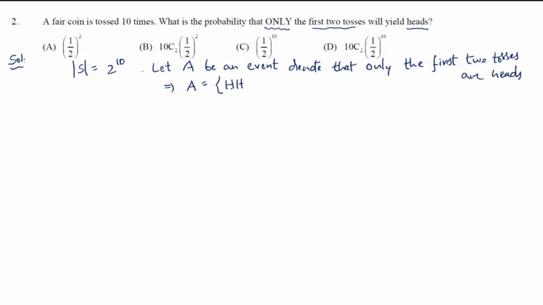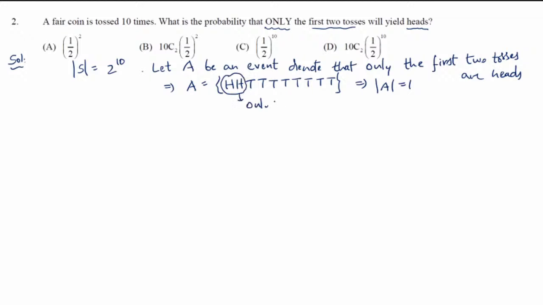The first coin and second coin give head. The remaining 8 tosses automatically are tails: T, T, T, T, T, T, T, T. So the word 'only' is a very important point. Don't confuse. |A| is equal to 1. This is the meaning.